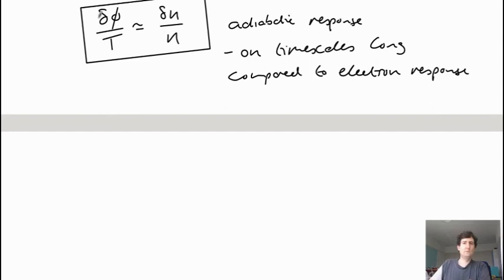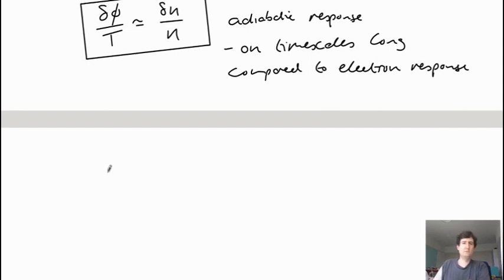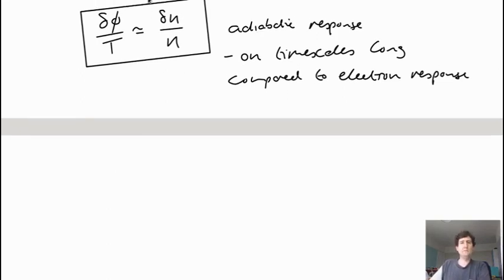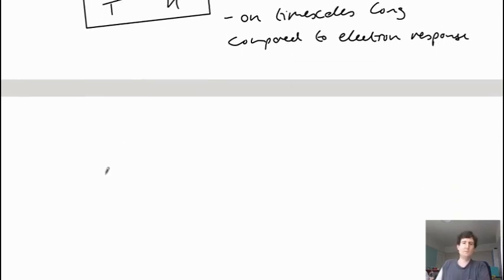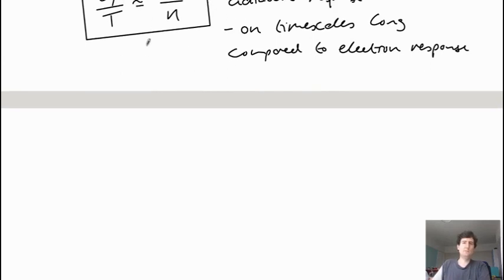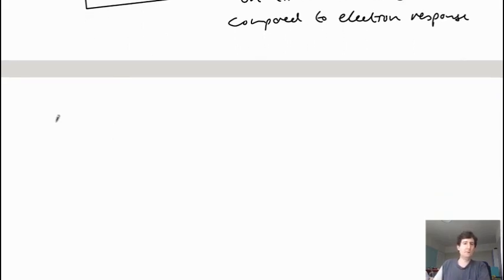Hence the term adiabatic, because it's slowly changing as far as the electrons are concerned. This relationship is used in many situations for drift waves, where typically you have one species behaving in this adiabatic response manner, and the other species producing the drive for the instability. Electron drift waves are one example.